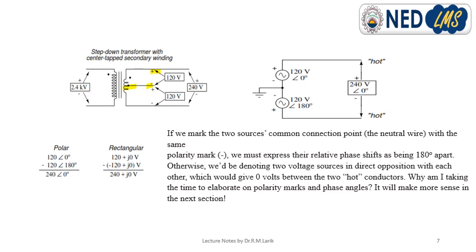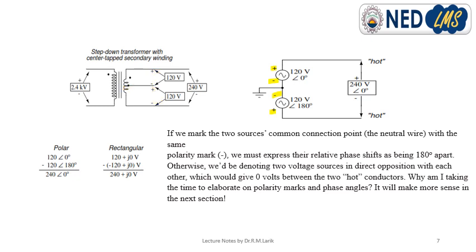The first phase has polarity positive-negative, and the second has polarity negative-positive. So the phase angle is 180 degrees because the polarities are opposite; you can see the polarity of this source and the polarity of this source.